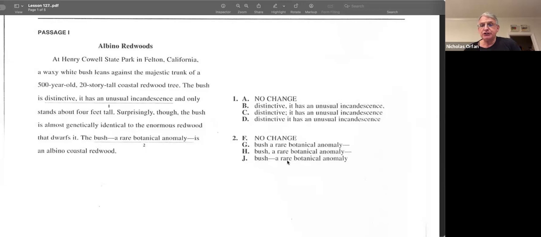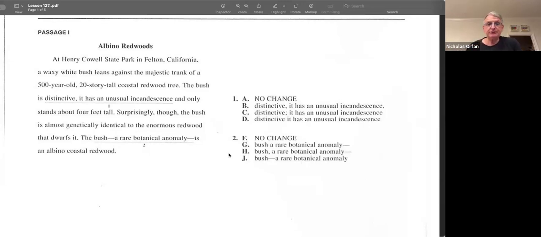The bush, dash, a rare botanical anomaly is, again, you have to cordon off on both sides. So the only answer that gives you that symmetrical cordoning off of the phrase that refers back to bush is no change. It's correct the way it stands. So the answer to 2 would be F, no change.